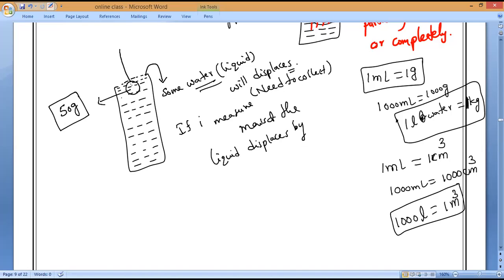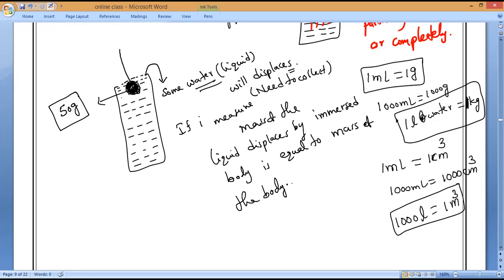Displaced by which body? The immersed body. The mass of the liquid displaced by the immersed body is equal to the mass of the body. Is it okay? All of you? Any doubt? Please ask.